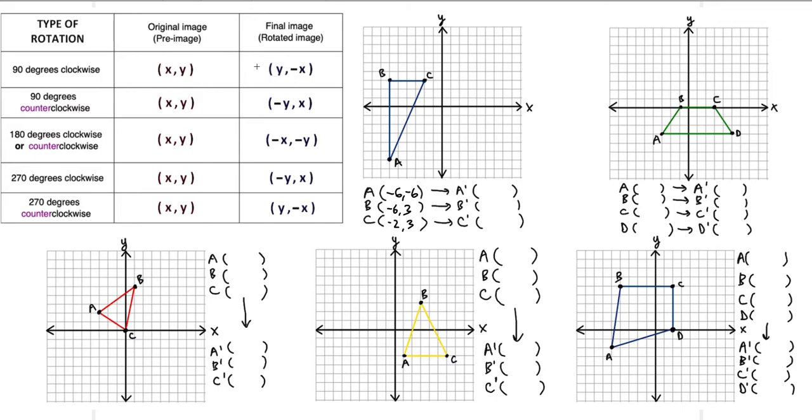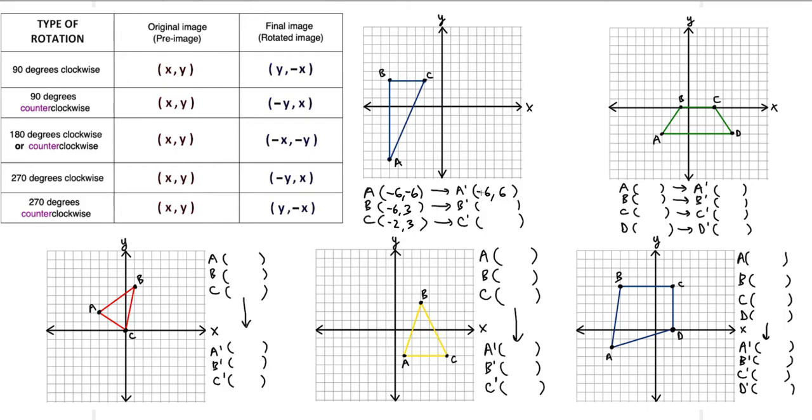As you can see, the formula says y comma negative x. So we're going to take the y and place it instead of the x here. Then we have to negate the original x and place it into the y coordinate. So negating the -6 should give us +6. Notice that since the original A is in quadrant 3, A prime, going clockwise, should be in quadrant 2.